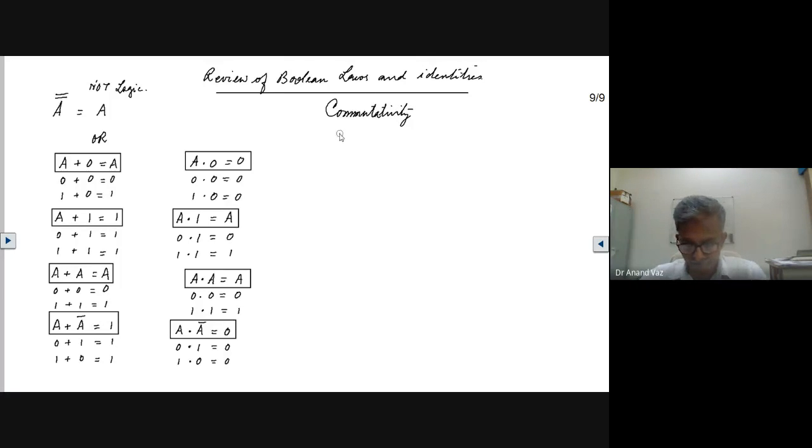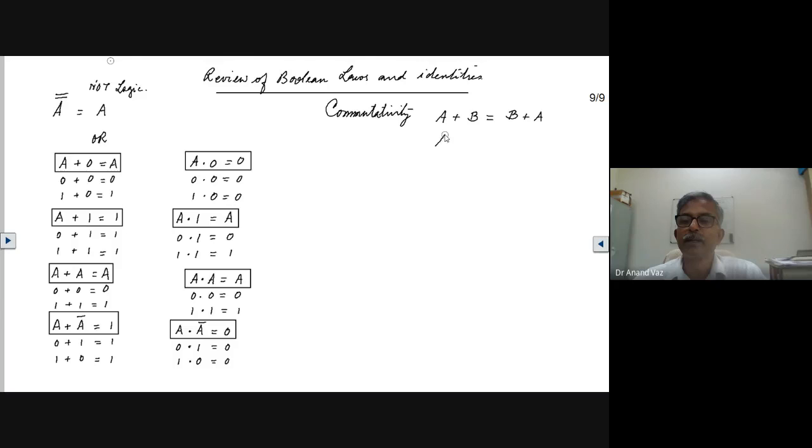If you have A or B, the logic is the same as B or A. So this is the commutativity of the OR operator.